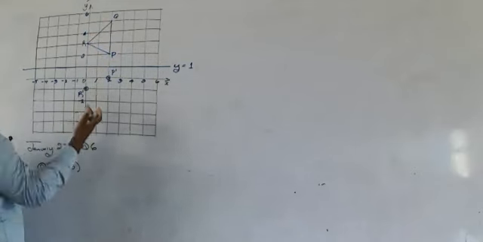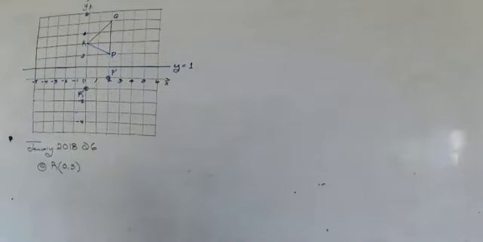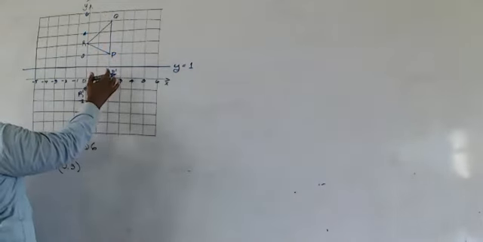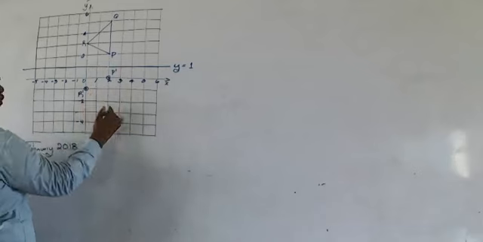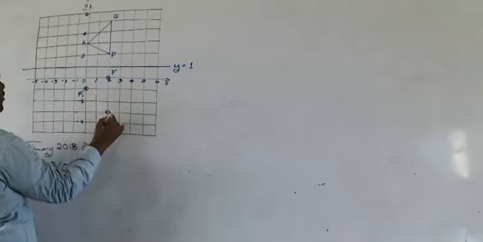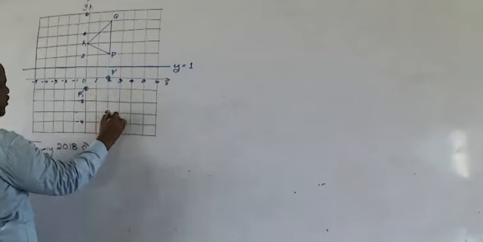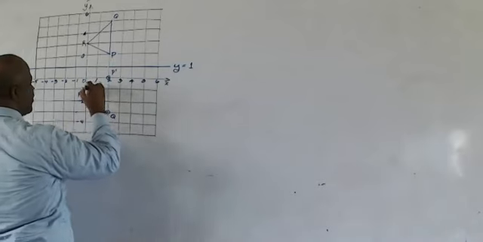The image P prime is the same distance but on the other side. 1, 2, 3, 4. This is the new position of P. This is P prime.